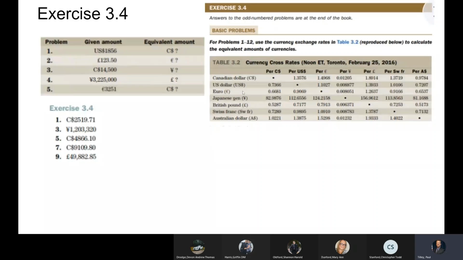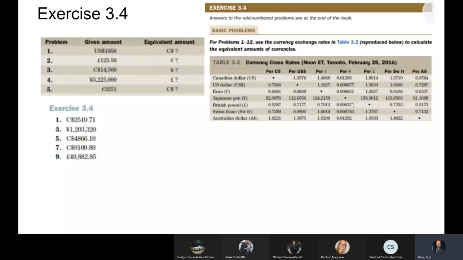Okay, or there is, I'm looking for the yen here, 0.006375 yen per British pound. So we can take the number of yen and multiply it by the 0.00-whatever.